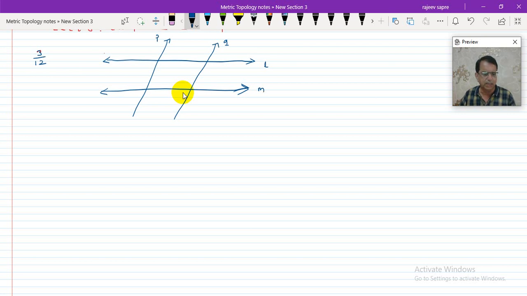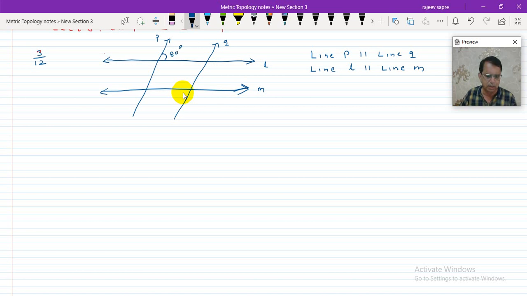See what is given in the adjoining figure. Line P is parallel to line Q. Also, line L is parallel to line M. We have to find the measures of angles A, B and C. What is given to you is this 80 degrees angle.